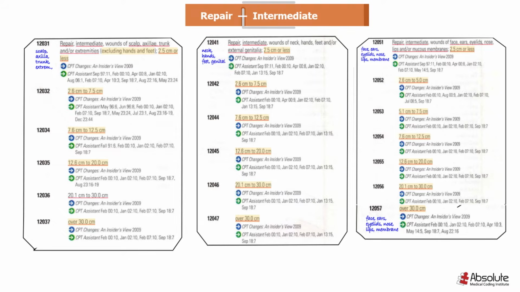Next we have the code series ranging from 12041 through 12047, which is for intermediate repair on the neck, hands, feet, and external genitalia. Finally, the code series 12051 through 12057 is for intermediate repair on the face, ears, eyelids, nose, lips, and mucous membrane.